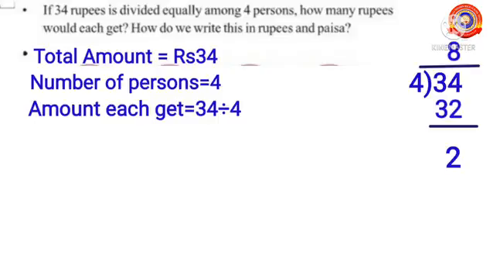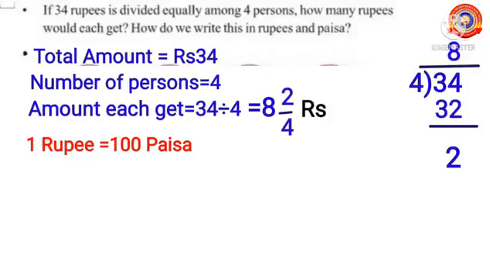Next, write this in Q and R by D form, which is equal to 8 and 2 by 4. So amount each gets equals 8 and 2 by 4 rupees. Next, we have to convert this into rupees and paisa. Here is already 8 rupees. So we need to convert this 2 by 4 rupees into paisa. We know that 1 rupee is equal to 100 paisa.